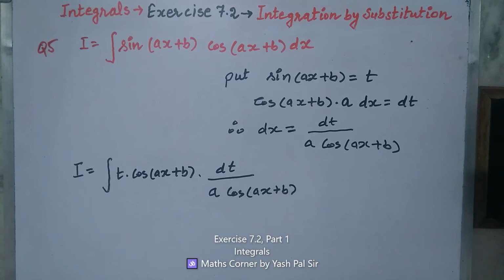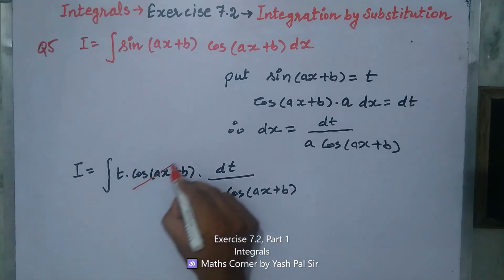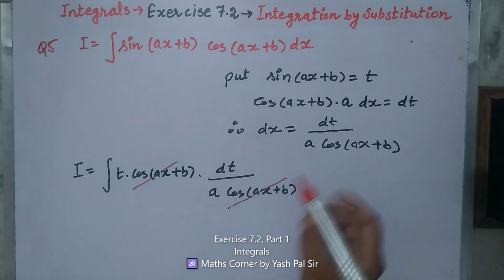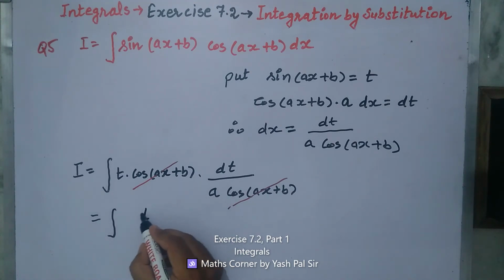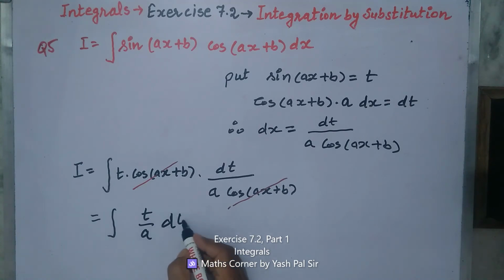So again we see this cos of (ax plus b) and cos of (ax plus b) get cancelled, we are left with now t upon a into dt. Because a is constant, taking 1 upon a outside, the integration of t is t square upon 2 plus c.